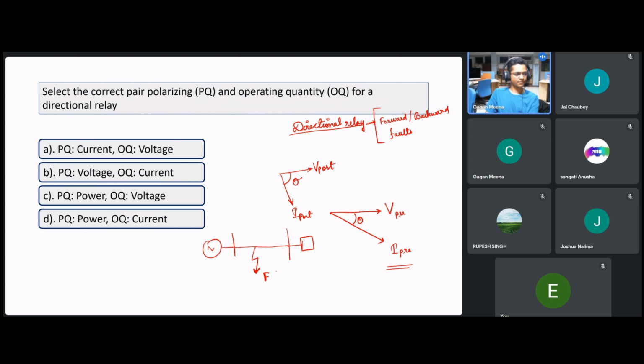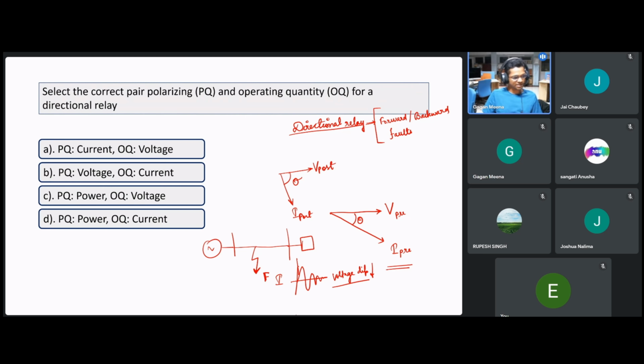So the fault path is different. When the fault happens, what will happen? The current will increase and voltage will decrease. It will reduce. There will be a voltage dip and current will shoot up.